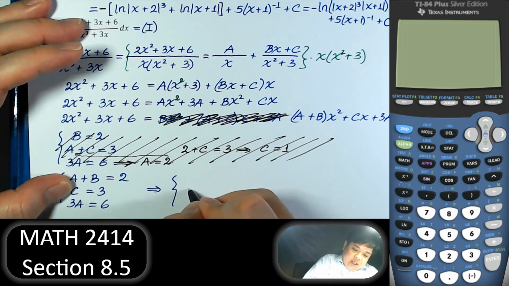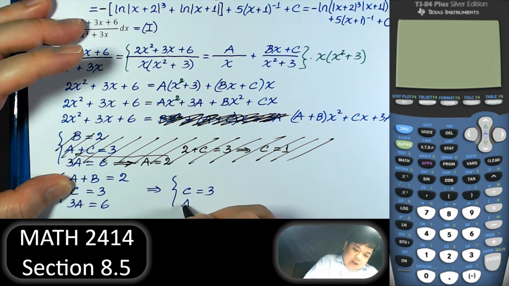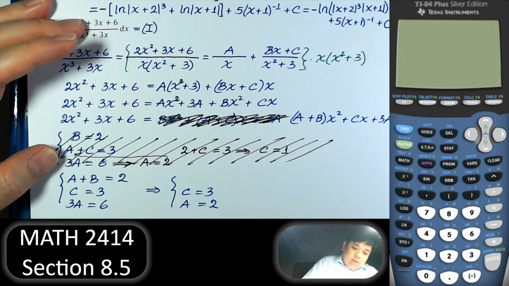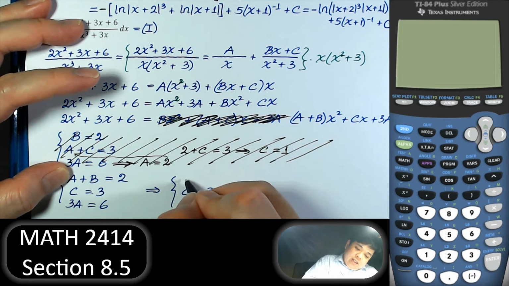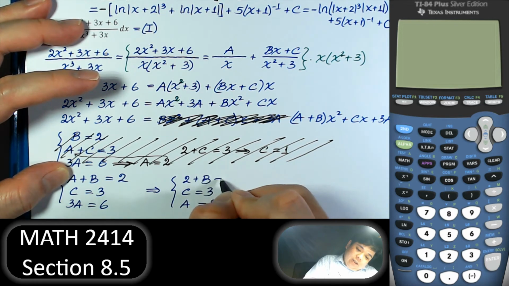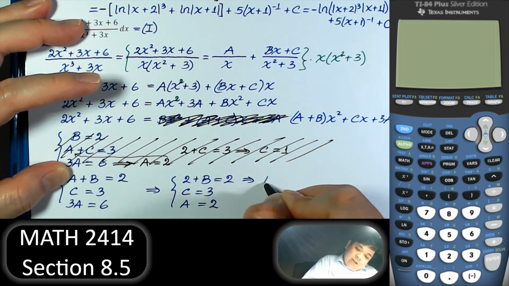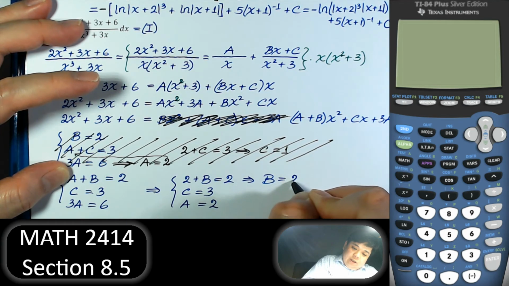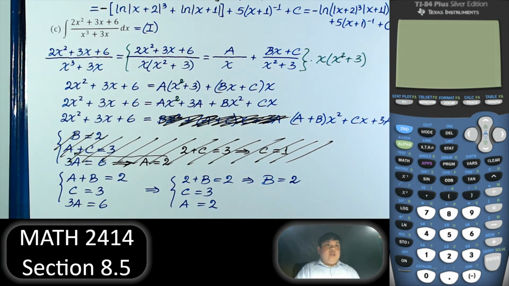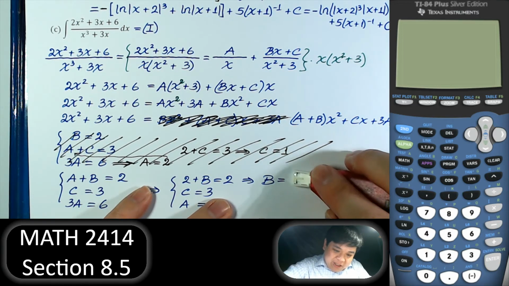So obviously c is equal to 3 and a equal to 2. Now put 2 in for a. Should be equal to 2. I mean 0.